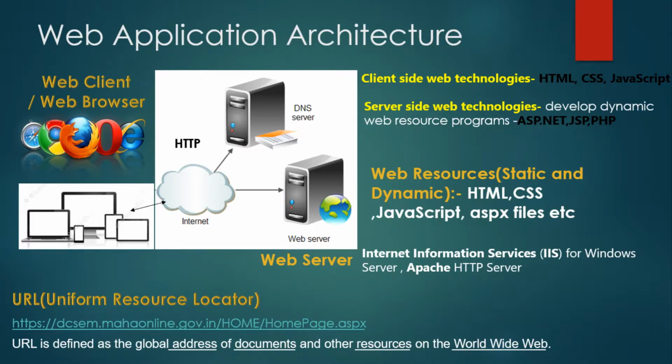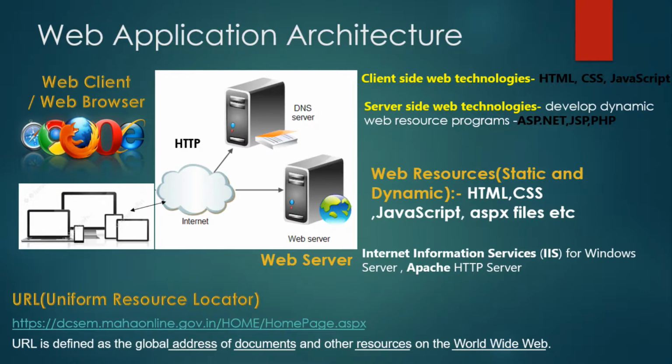A URL, that is Uniform Resource Locator, is defined as the global address of documents and other resources on the World Wide Web. As we see, it is an address of documents and web resources, meaning homepage.aspx or index.html. You may think that when we mention a website, suppose www.xyz.com, we are not mentioning the file name.